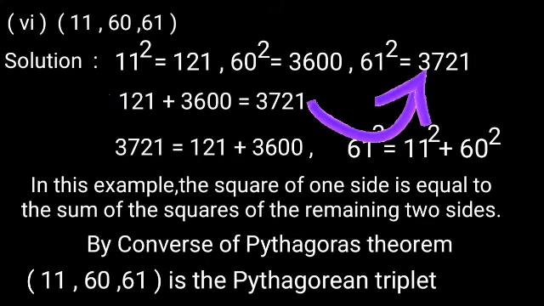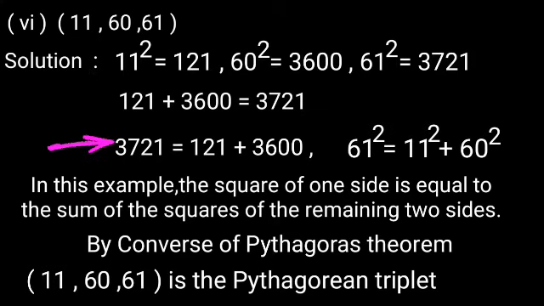From this we can say that 61 square is equal to 11 square plus 60 square. Hence, in this example, the square of one side is equal to the sum of the squares of the remaining two sides. By the converse of Pythagoras theorem, 11, 60 and 61 is a Pythagorean triplet.